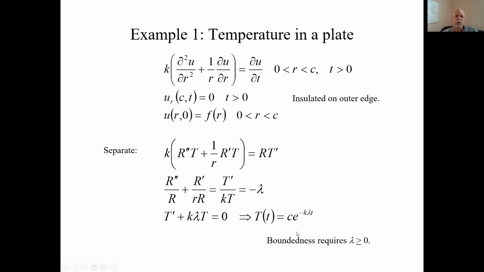We're going to apply an implicit boundary condition again, which is boundedness. The temperature can't go off to infinity, which means R must be bounded and T must be bounded over the range of their variables.